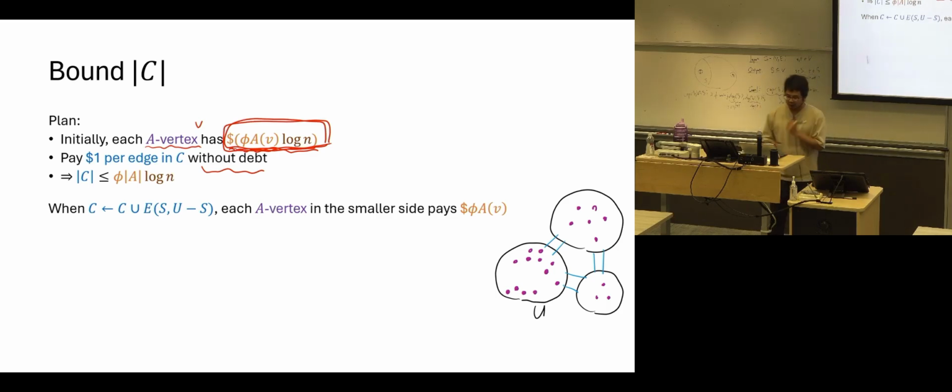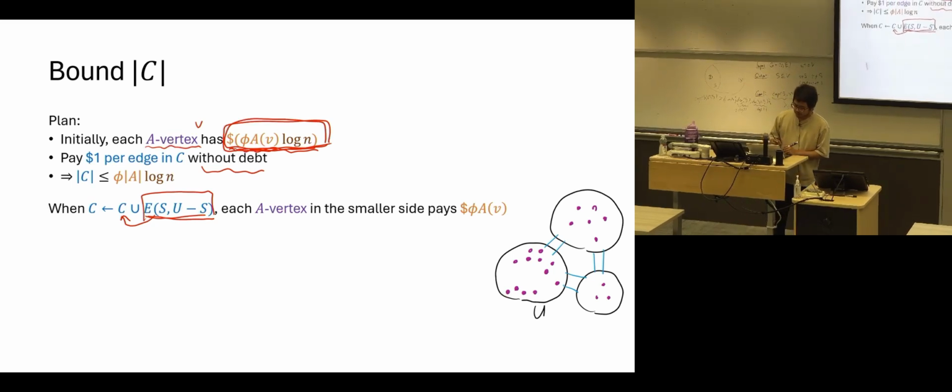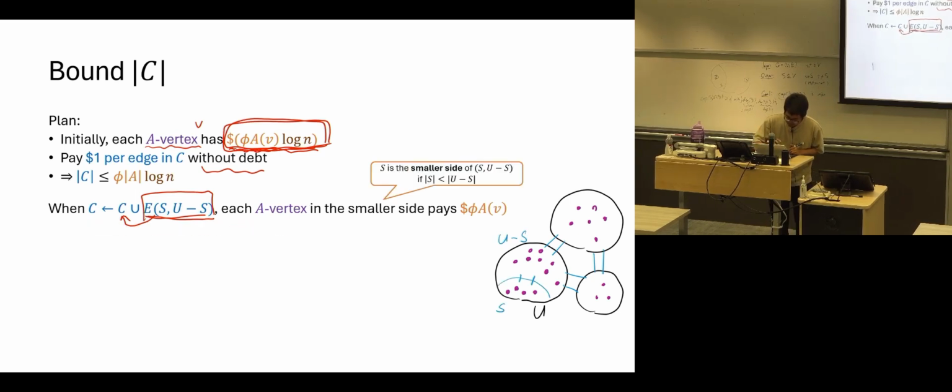Let's analyze this. Imagine that at some point I find some new sparse cut, and I add it to my C. Whenever I add this, I need to find some way to pay for it. Let's say this is the component U, and there is a sparse cut here.